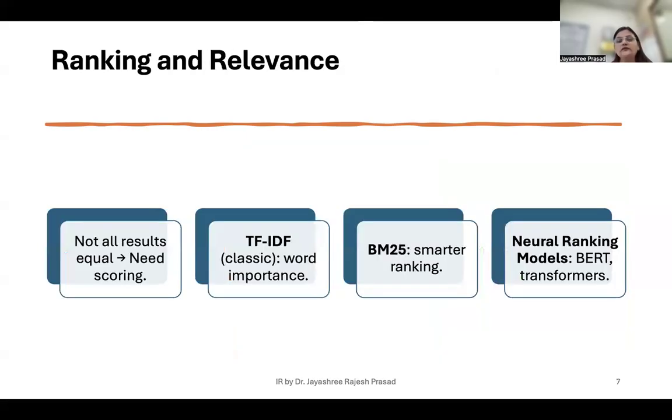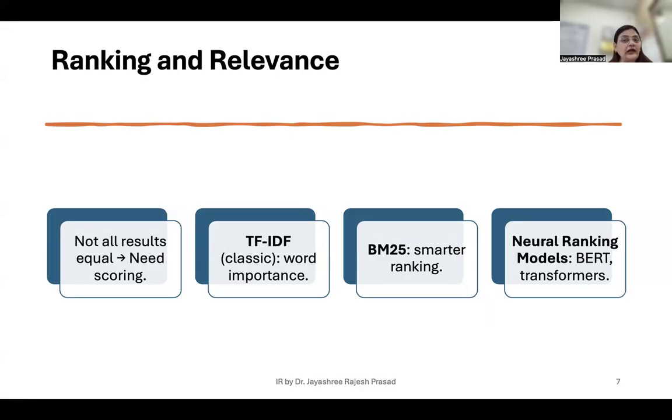So there are different challenges. This process is not that easy. There are certainly some challenges involved. People type weird queries many times. There are typos, like misspellings of the word restaurant. Words mean different things.